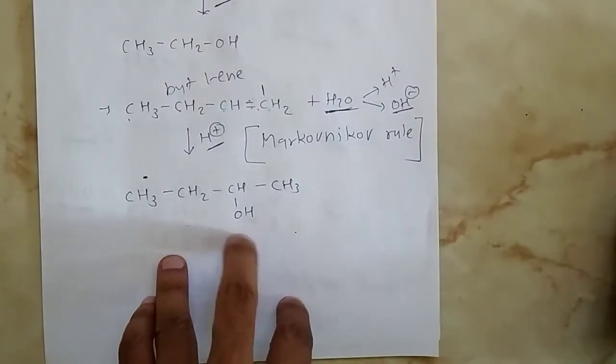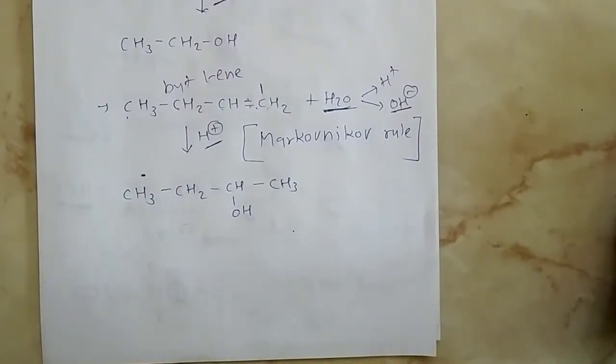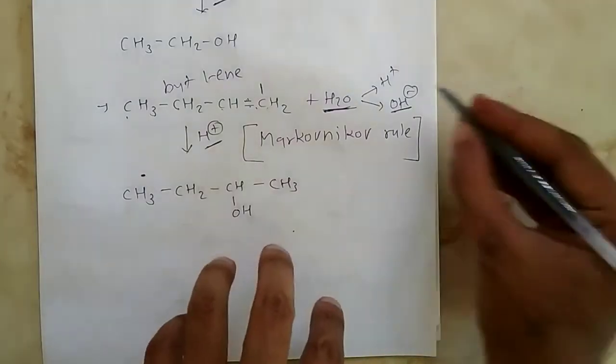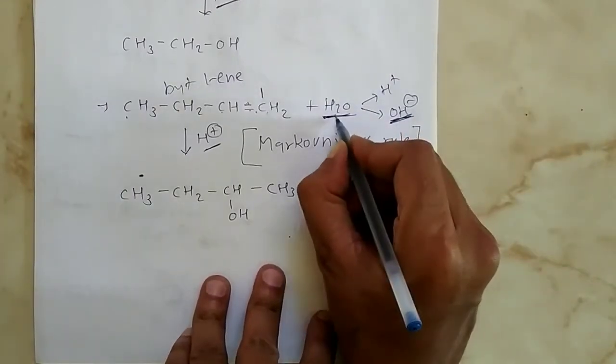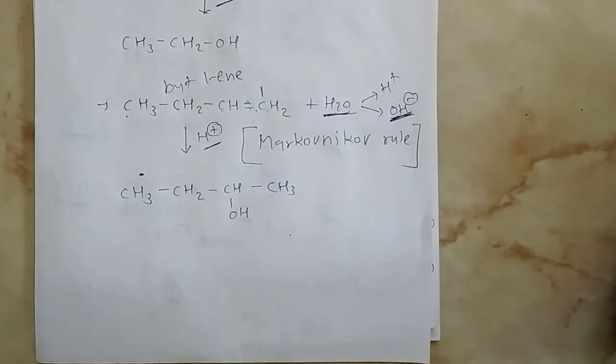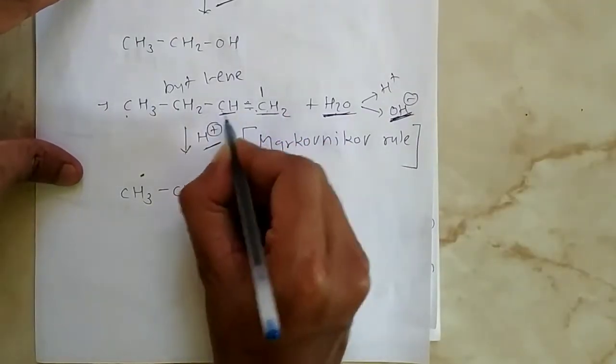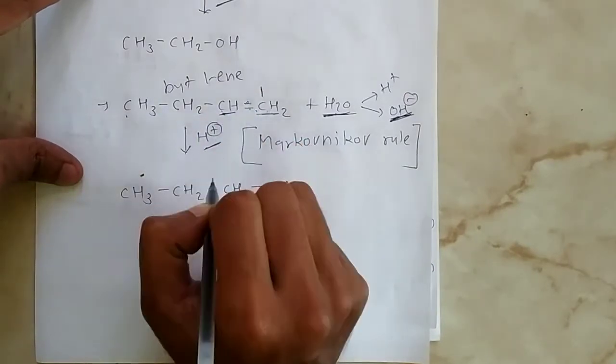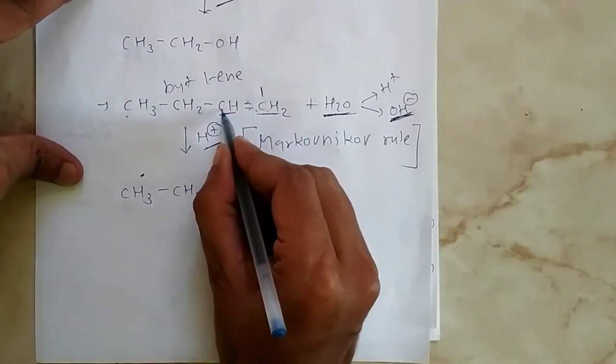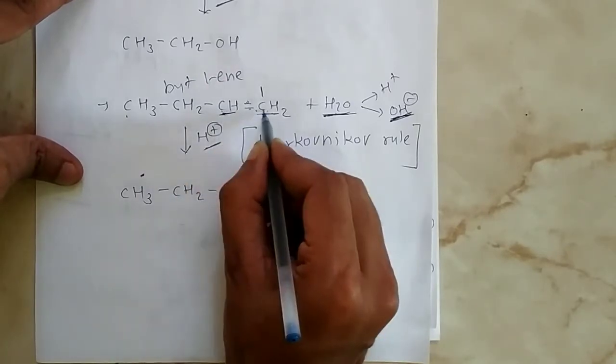Break this into two parts, H plus and OH minus ion. The negative part of the reagent will go on the carbon that has less number of hydrogen. You can see these two carbons have the double bond, so we are going to add H plus and OH minus on these two carbons.